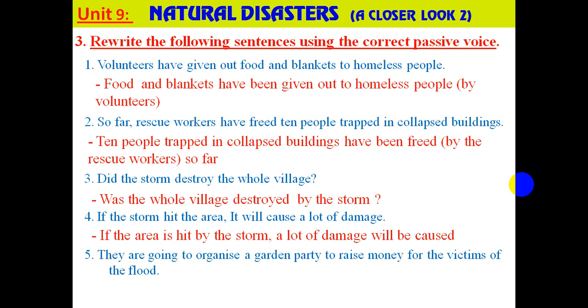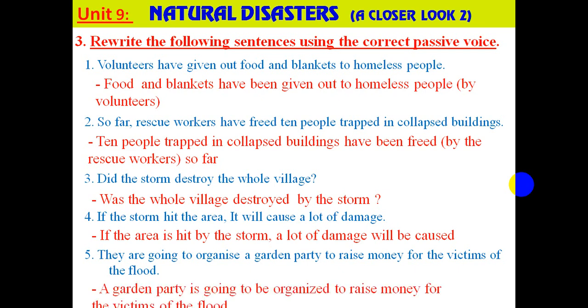Okay, number 5. They are going to organize a garden party to raise money for the victims of the flood. So the object of the active sentence comes after the verb organize: a garden party. A garden party, 3 words. A garden party is going to be organized. We use the near future tense for the passive voice.